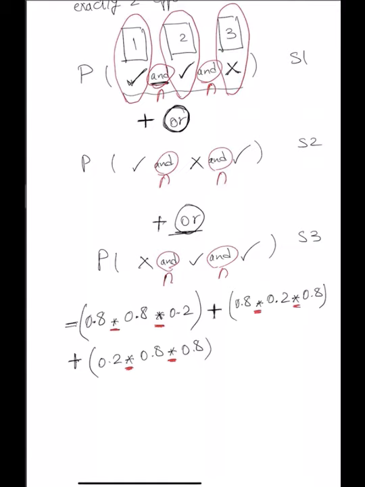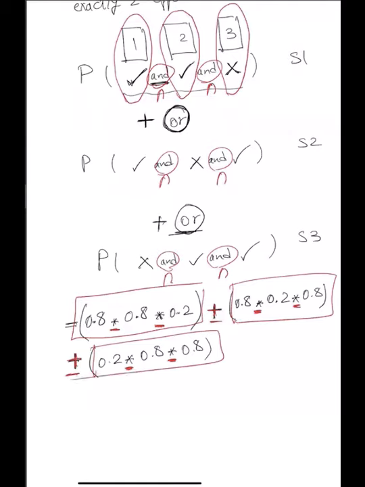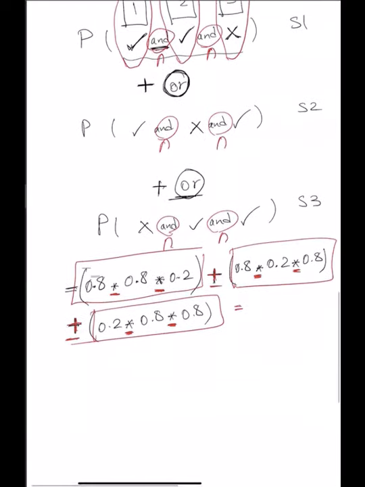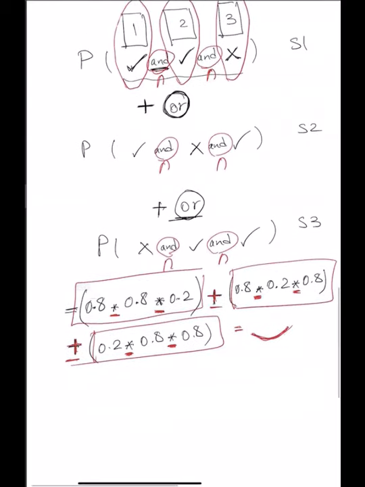And then obviously the plus captures the or part. Scenario 1 happens, or scenario 2 happens, or scenario 3 happens. And this number, whatever it is, is going to give you the final probability of beating exactly 2 players.